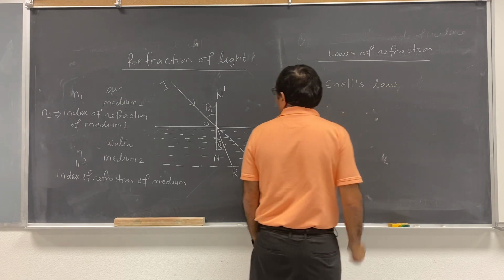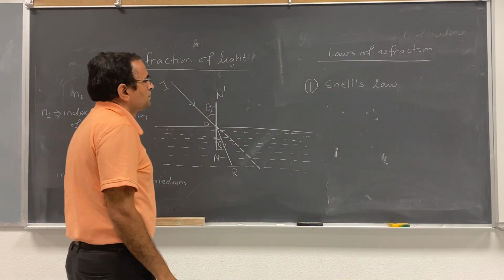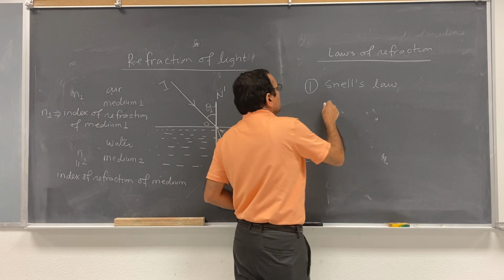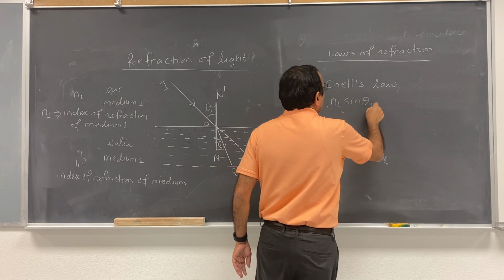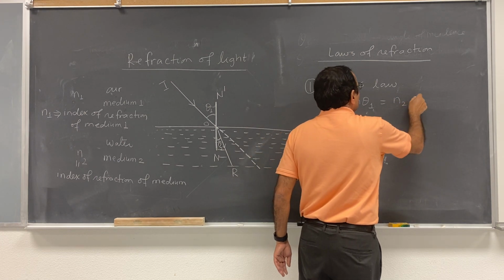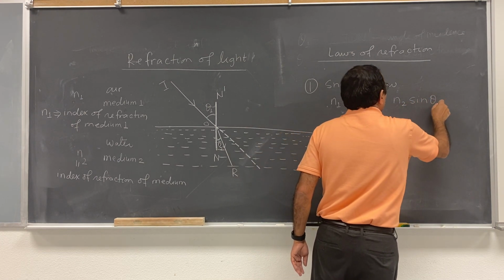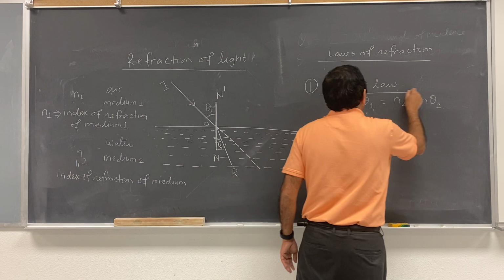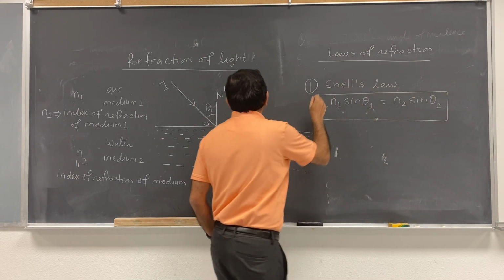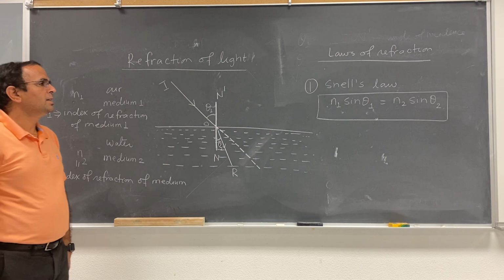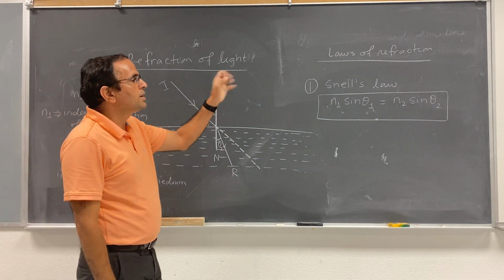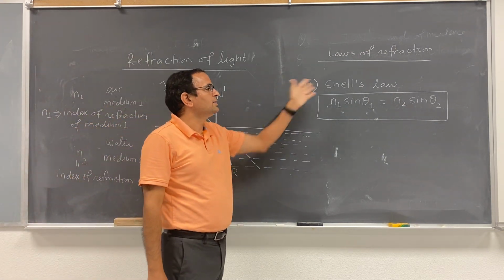It is very simple. The first law is, it is experimentally established, n1 sine theta 1 equal to n2 sine theta 2. This is Snell's law. You have to draw this diagram. n1 sine theta 1 is equal to n2 sine theta 2. This is the first law of refraction of light. We also call this Snell's law.